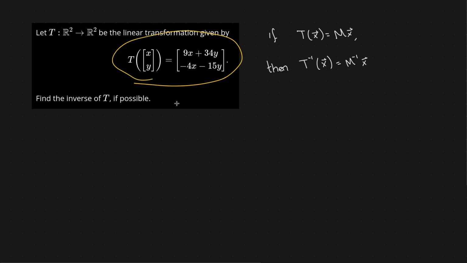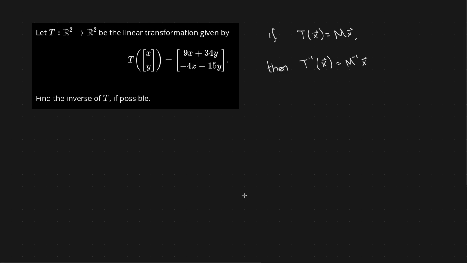In other words, if T of x is equal to Mx, then the inverse transformation of T is equal to the matrix inverse of matrix M times x. So my strategy here is to find the standard matrix of transformation T, invert that matrix, which we have learned how to do, and that will give me the inverse transformation.